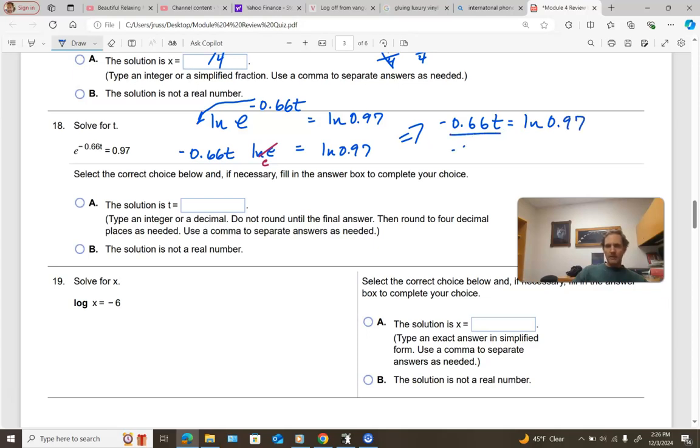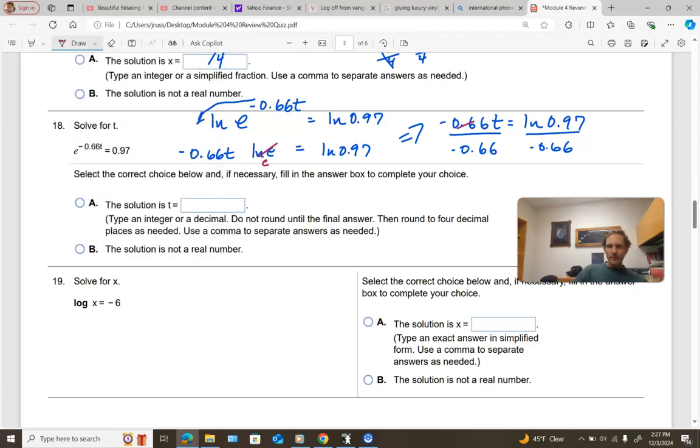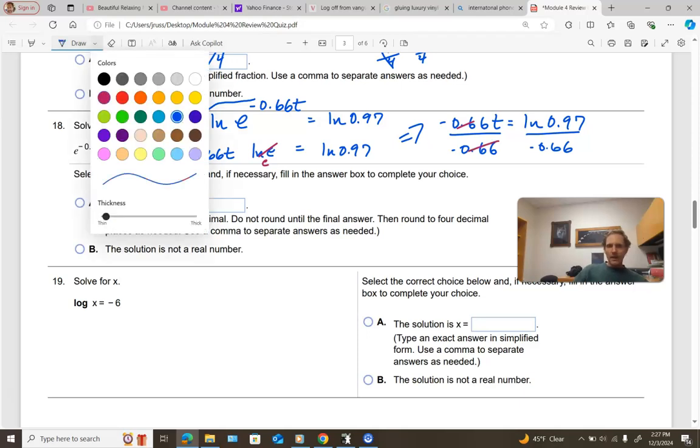And so to isolate for t, you'll divide both sides by that coefficient. Those will cancel. And so t is this number right here.